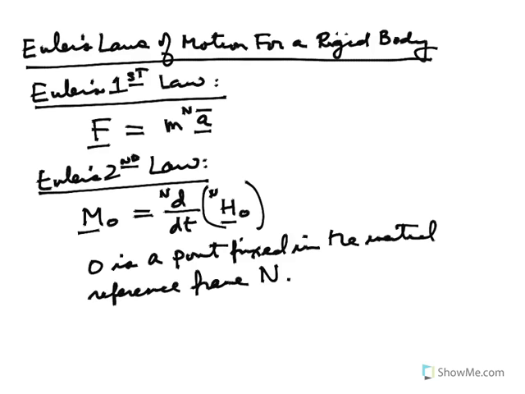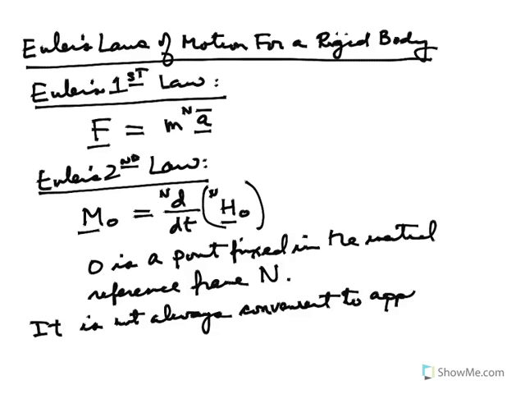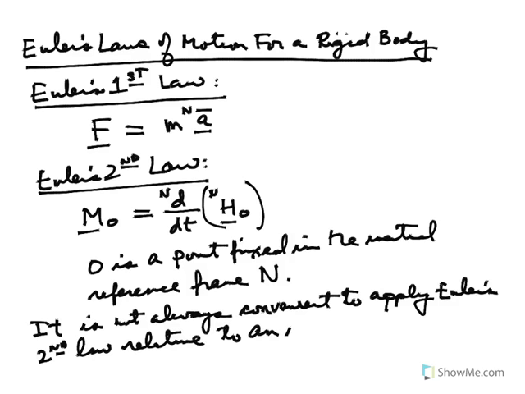Now, those are the two laws, but it turns out that it's not always convenient to use an inertially fixed point. So it is not always convenient to apply Euler's second law relative to an inertially fixed point.